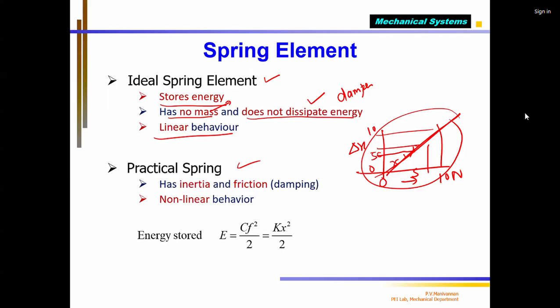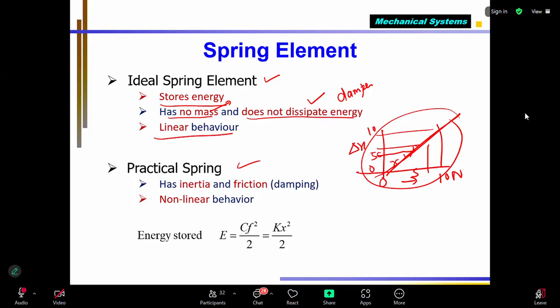Can you make a spring? Do you have any element in the periodic table which has zero mass? Even gas, hydrogen, that also has individual atoms with some weight, right? So you make it of bronze, stainless steel, spring steel, whatever it may be, having some thickness, some volume, some length, definitely it has a mass. So this condition is not possible in practice.